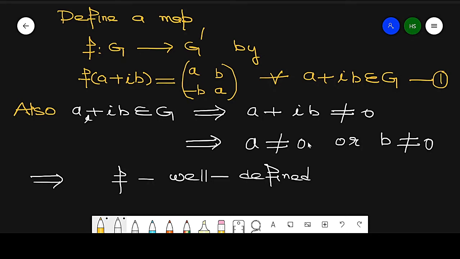Now to prove homomorphism, 1-1 and onto.